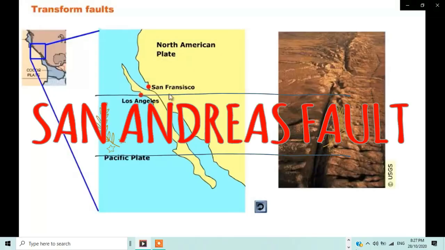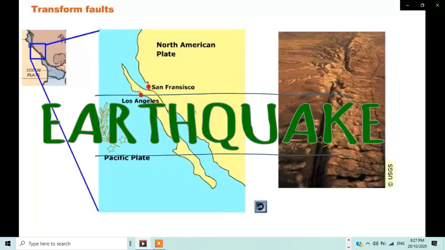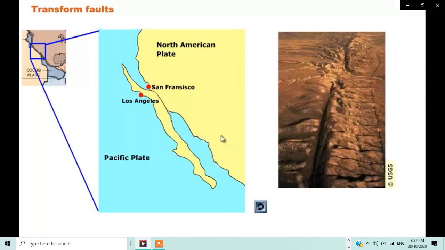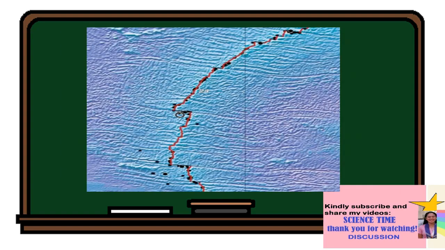The immediate concerns about transform fault boundaries are earthquake activities triggered by movements along the fault system. Most such faults are found in oceanic crust where they accommodate the lateral offset between segments of divergent boundaries, forming a zigzag pattern.